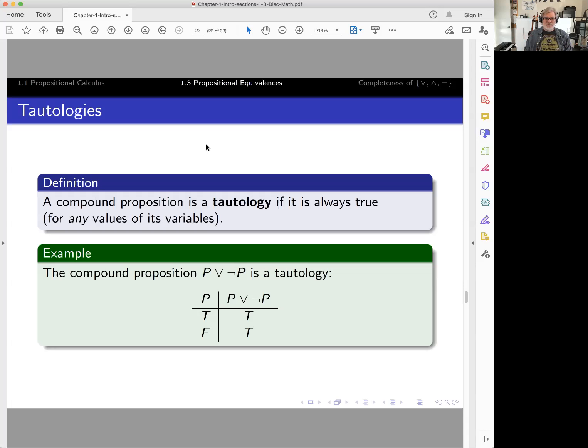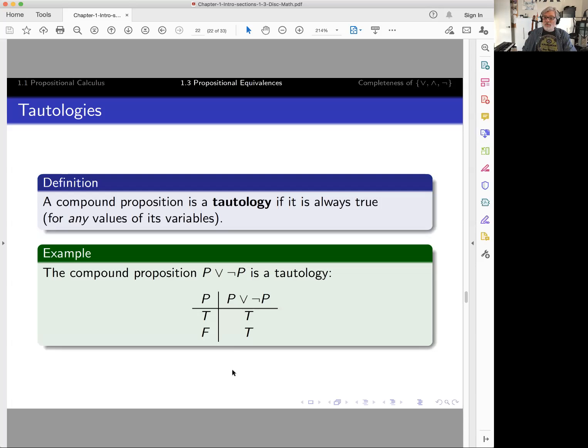A compound proposition is called a tautology if it is always true, for any values of the variables. So whatever values you put for the variables, the output will always be true. It looks like what's the point? But there is a point. I'm not sure if I'm going to be able to make that point. I hope it's a bit technical, but I hope I can convince you this is important.